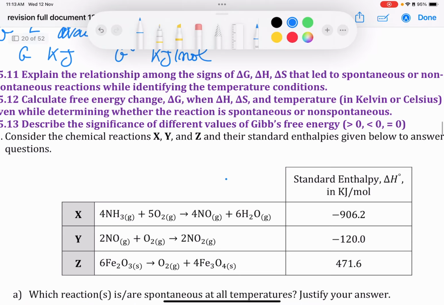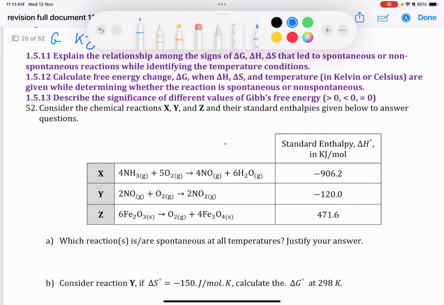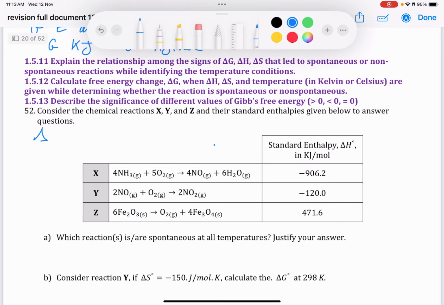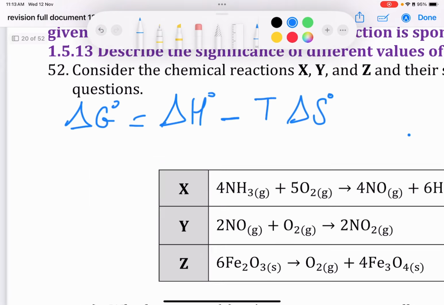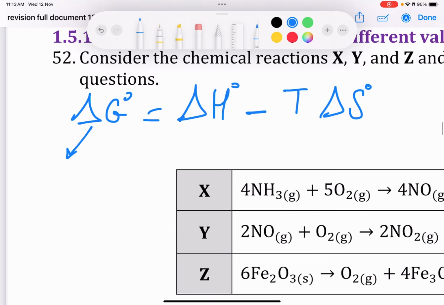Now, how do we understand the Gibbs free energy? There is something that you need to know: delta G is related to delta H and delta S, the two driving factors of a reaction, the enthalpy and the entropy. The sign of delta G will identify whether the reaction is going to be spontaneous or non-spontaneous.